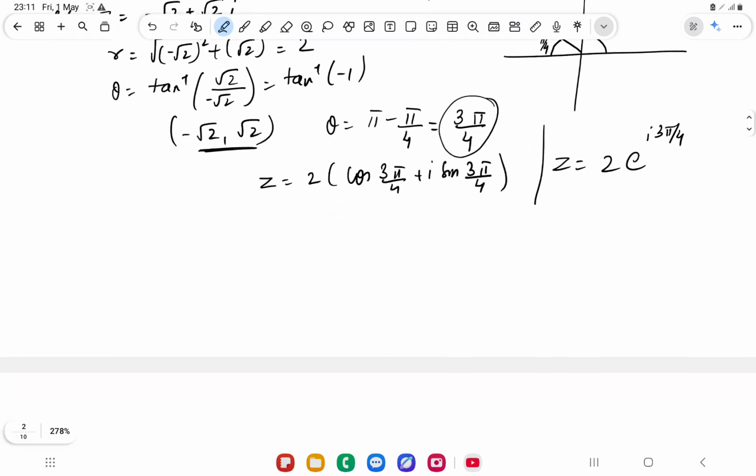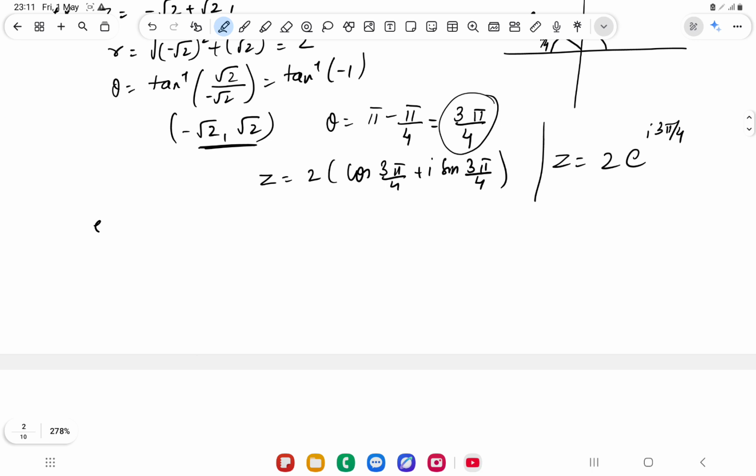Now it is not always necessary that you will be having z as a plus bi. We can sometimes get it like this also. It means I can write this as 0 minus 3i. So this is how you can find your a and b. Now again we can calculate our r, which is the square root of 0 squared plus 3 squared, that will be 3.